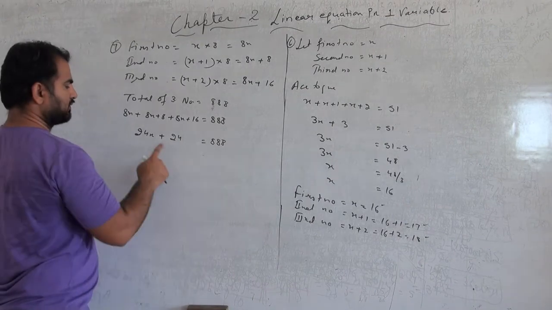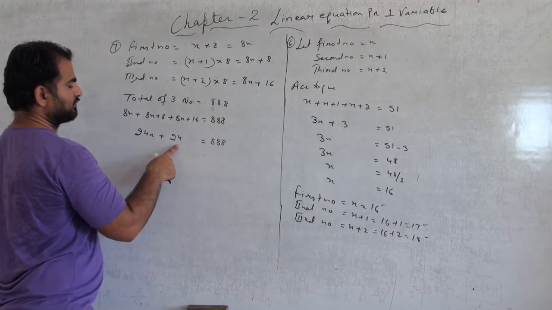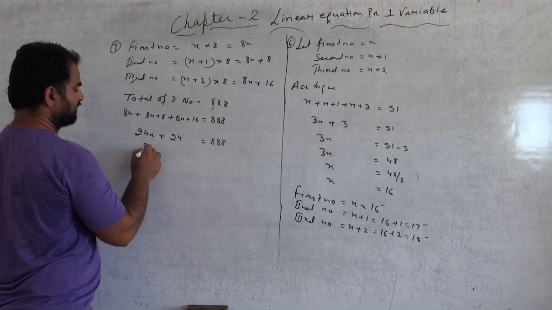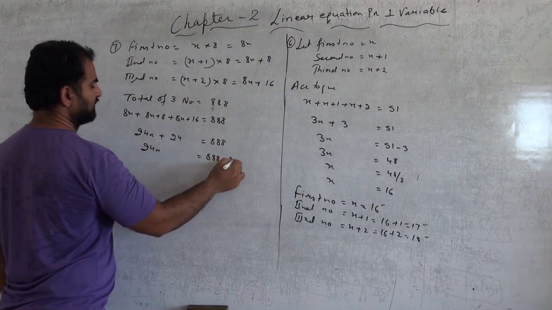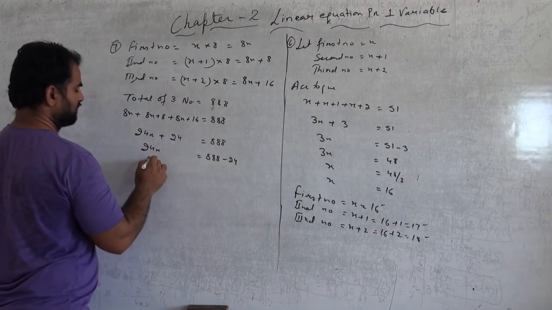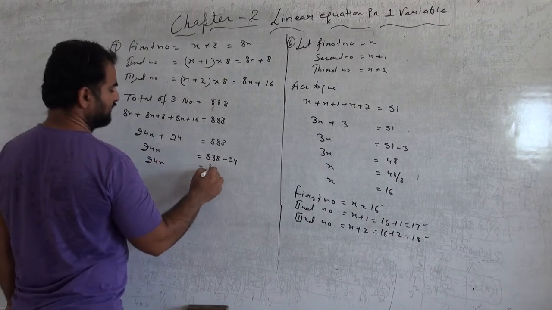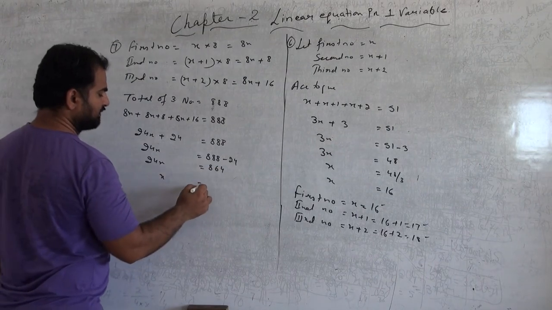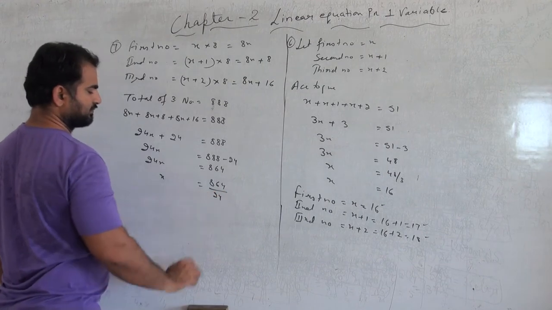Done. So what I will do is just subtract this 24. So 24x equals 888 minus 24. 24x equals, it will be 864. So x will be 864 by 24.